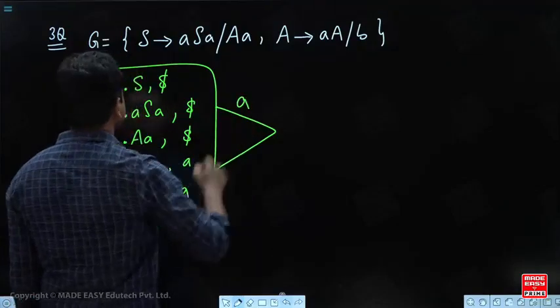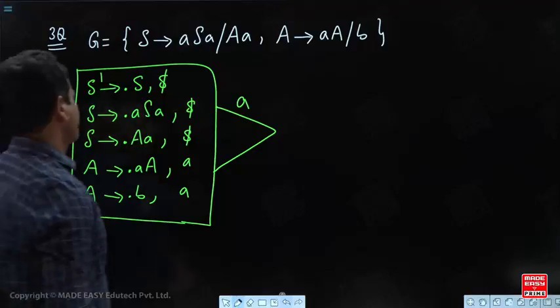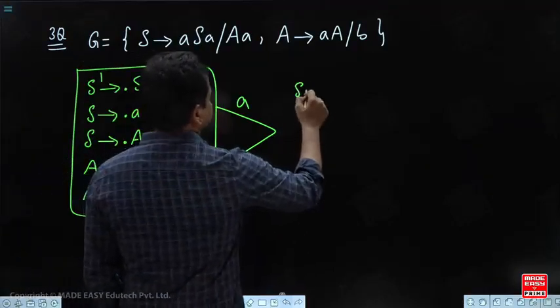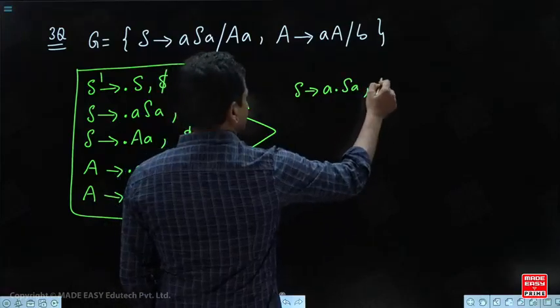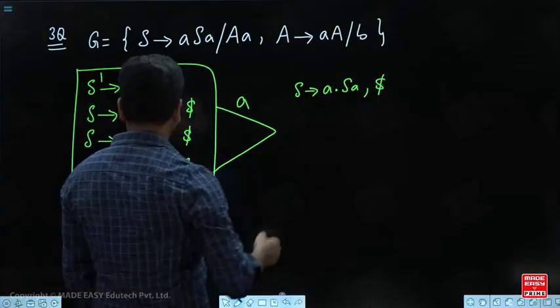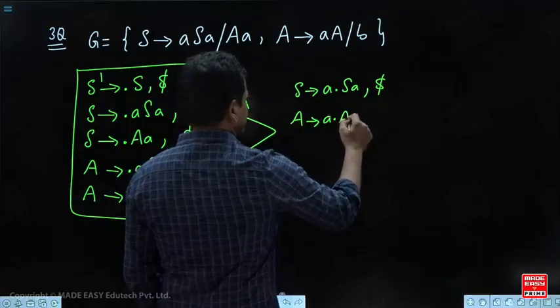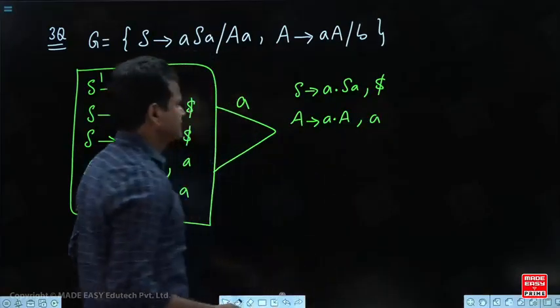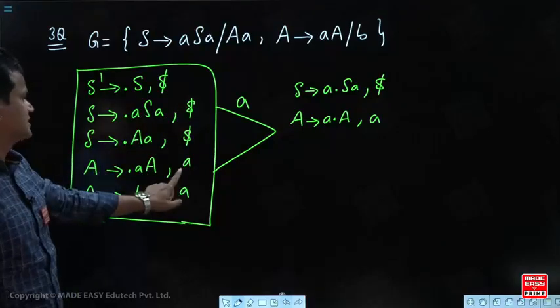Do you understand? So small a: S derives a dot SA, comma dollar, and A derives a dot A, comma a. This one a dot SA, a dot A, and look, how it will be same.